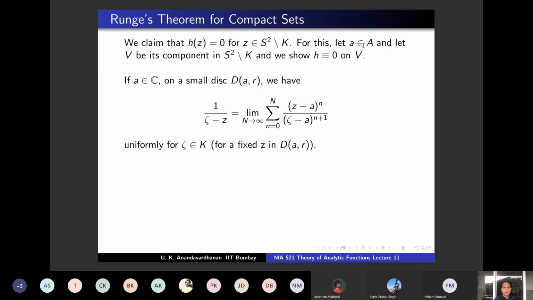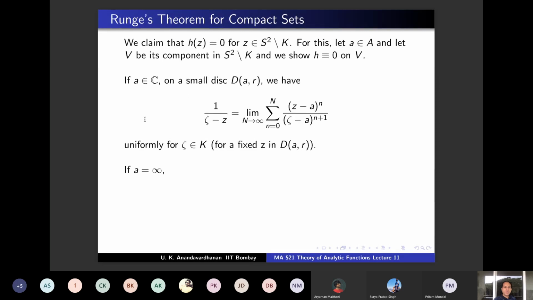The poles are only at A, and therefore the integral of this with respect to d mu is 0. This is our assumption: integral r d mu is 0 whenever r has poles in A, and this is one such function. Therefore this integral is 0, and because of uniform convergence you can interchange the sum and integral.